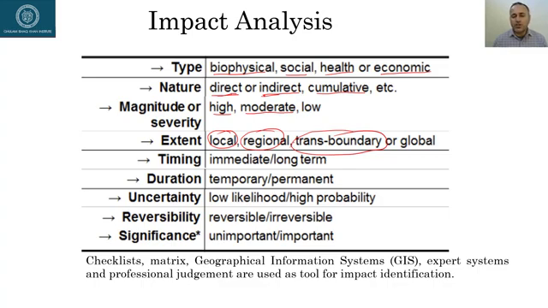That particular project has transboundary implications. So the implications are not limited to one country, and it may have some global implications as well. Timing. Are the negative or the positive effects realizable immediately, or will these impacts be in the long term? And are these, let's say, temporary or permanent?